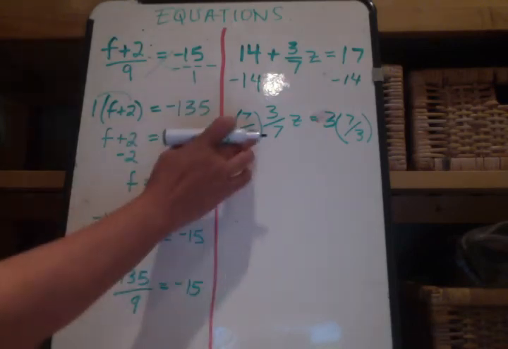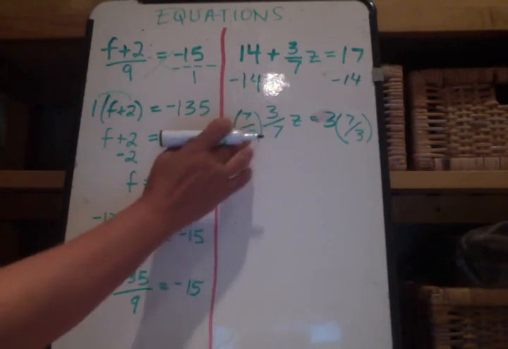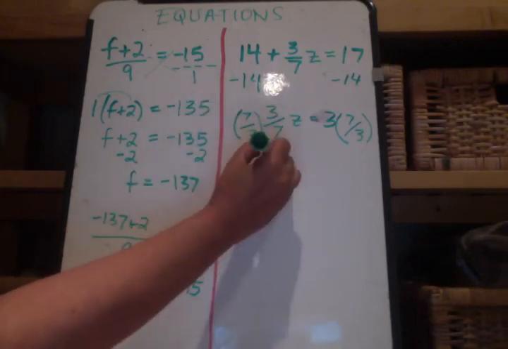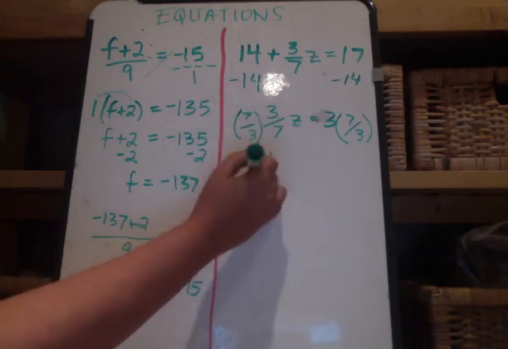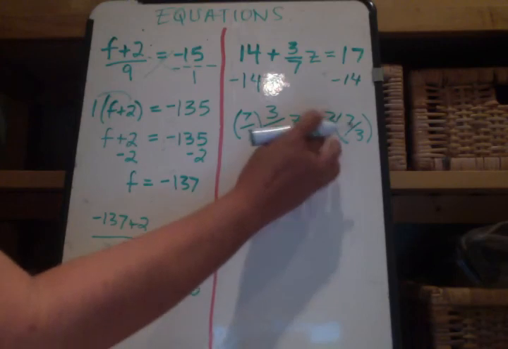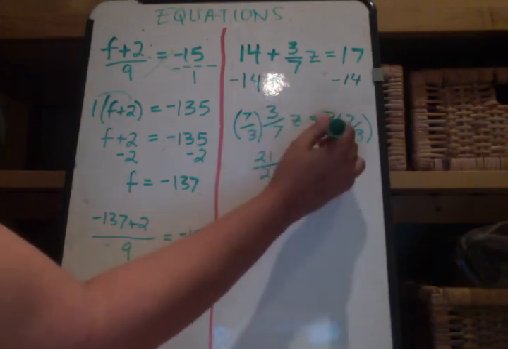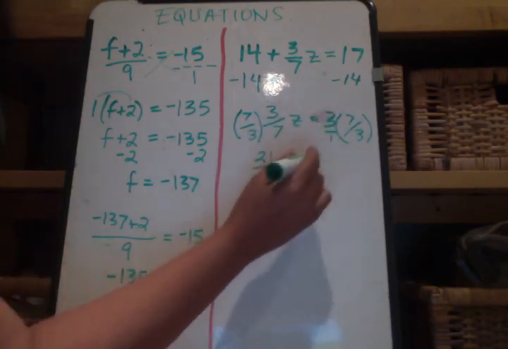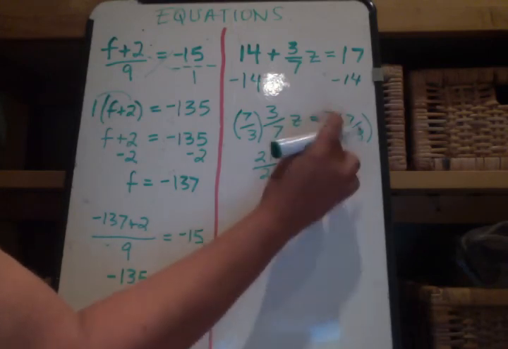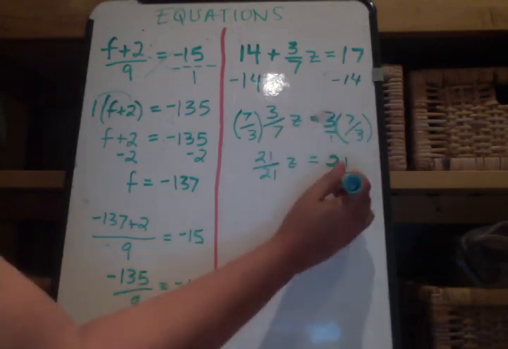So if I multiply these two fractions, 7 times 3 is 21, 3 times 7 is 21. Z equals, and then here we're going to have 7 times, you can think of this as 3 over 1. So 3 times 7 is 21 over 3.